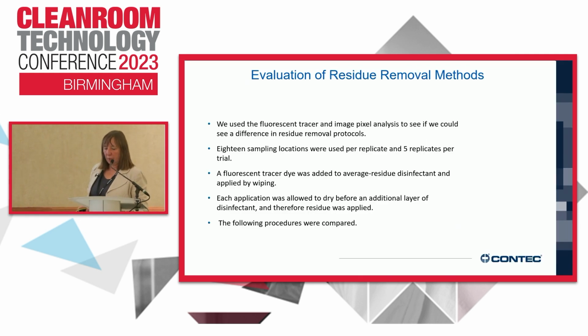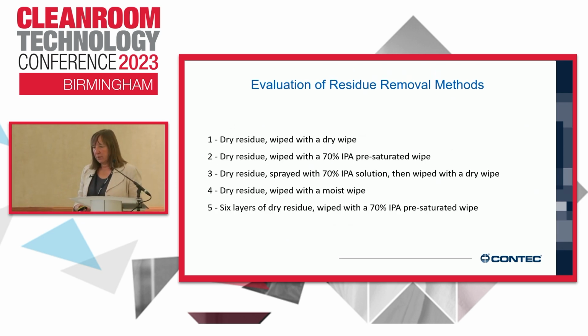So then we looked at how we could remove the residues, again using the fluorescent tracer and the 18 sampling locations. We did 5 replicates for each trial we were doing, and allowed them to dry, and then compared the results. So we had 1 layer of dry residue, and we tried to remove it with a dry wipe.